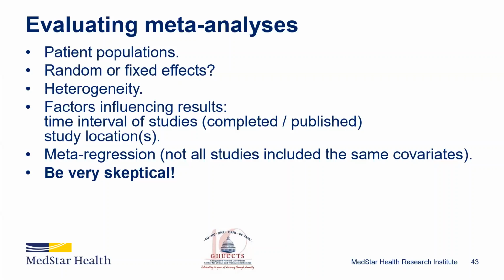And then heterogeneity, as I mentioned, probably the first statistic that you would want to look at is the I-squared statistic. This should be presented in either the narrative, or it's usually also presented in the forest plots. And then, are there factors influencing the results?